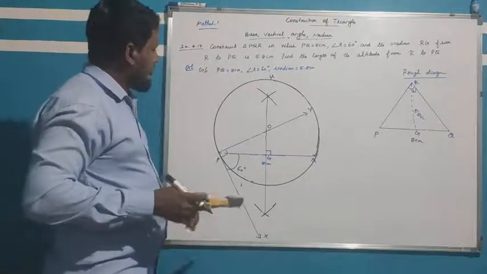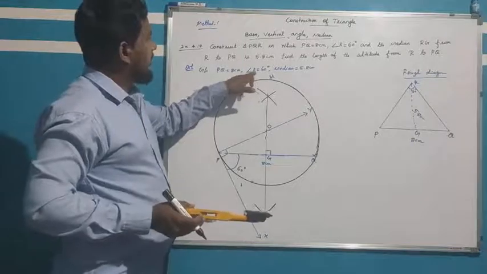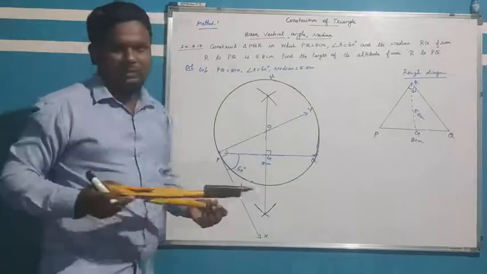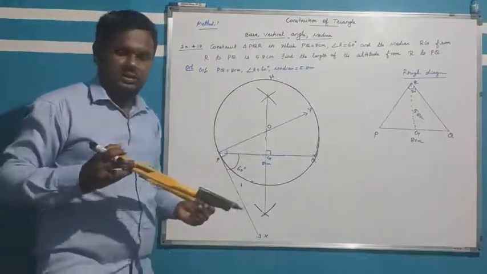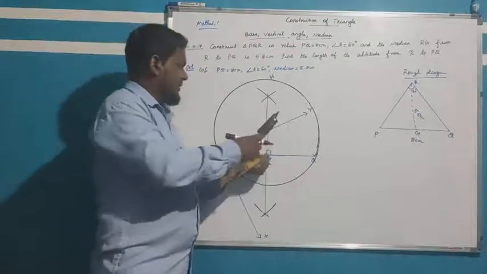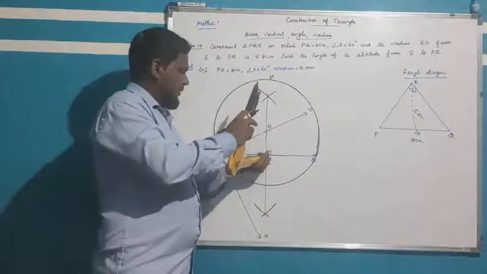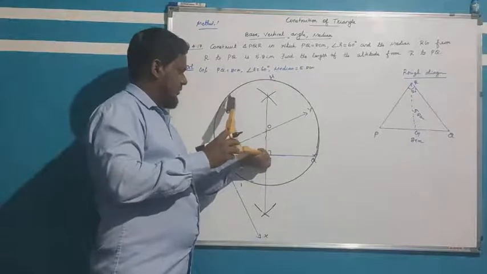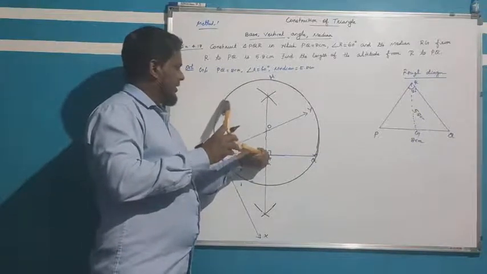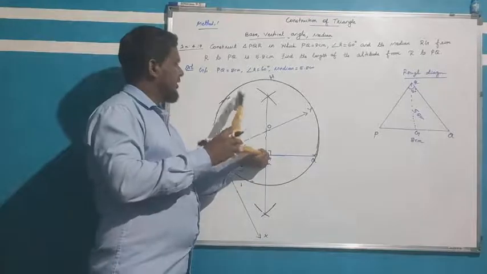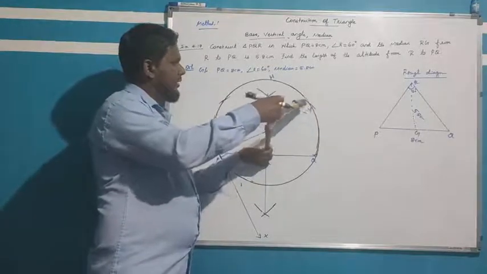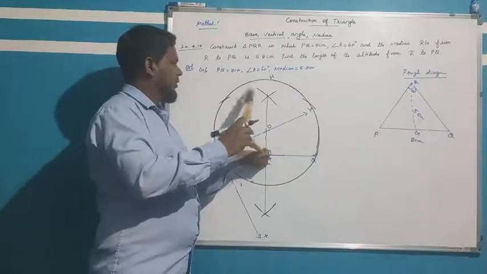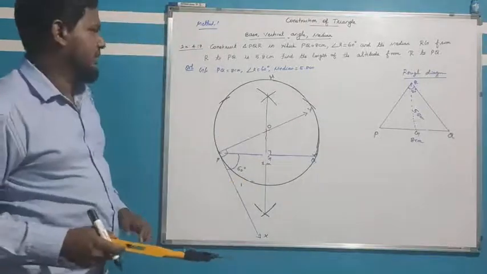So then after that you have to take the median. The median is 5.8 centimeter. So measure 5.8 centimeter with the compass and place it in G. Cut an arc here, and oppositely cut an arc here also, 5.8 centimeter.